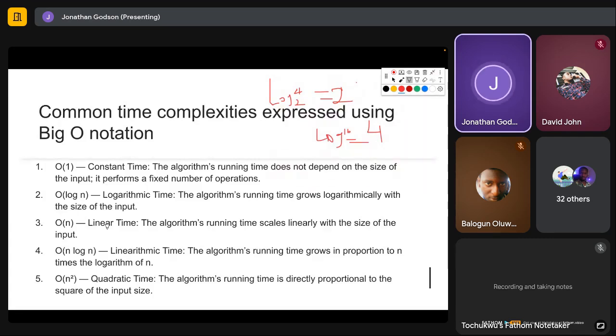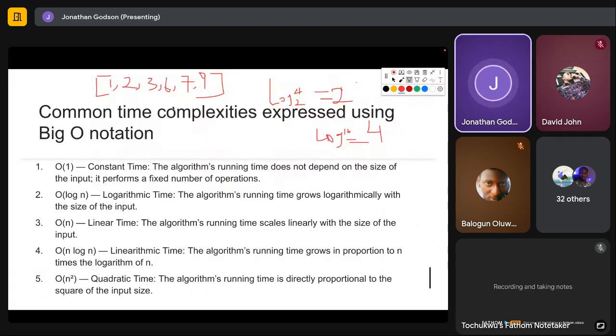Let's say we have an array of 6 elements: 1, 2, 3, 4, 5, 6.